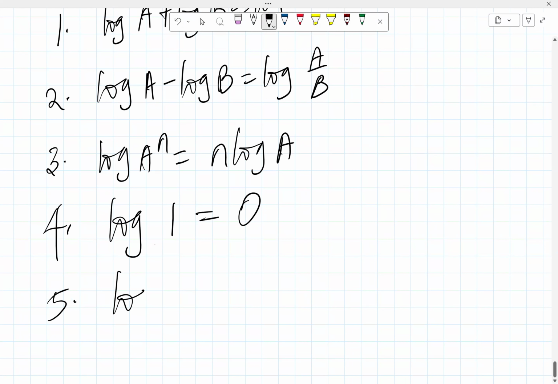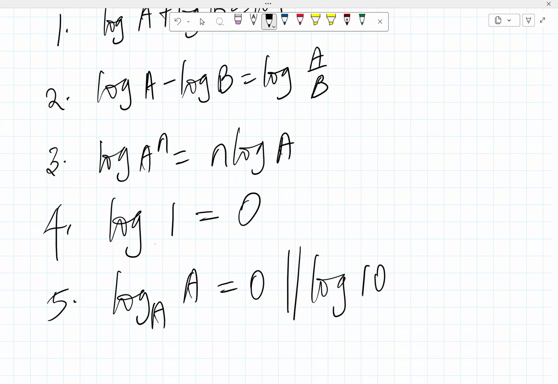Number five, log A to base A is 1. That's like saying log 10 is equal to 1 because log 10 to base 10 is 1. That's also true for ln e, which is 1, because ln e is log e to base e. That's another law.